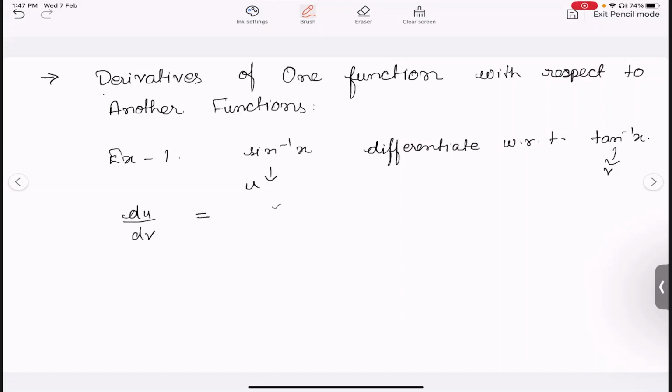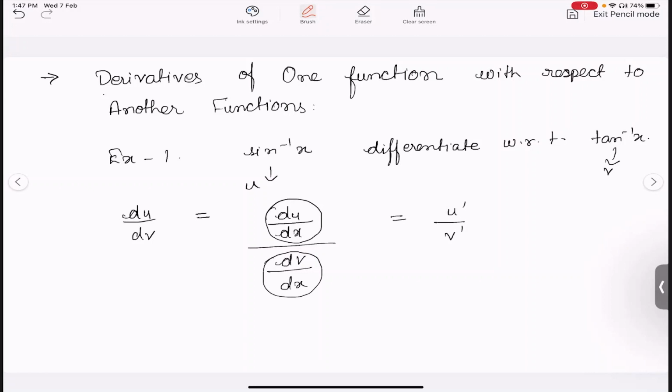Since u is a function of x, we divide the numerator as well as the denominator by dx. So what we are left with is the derivative of u with respect to x by the derivative of v with respect to x, that is u dash by v dash. So this is what we have to do.